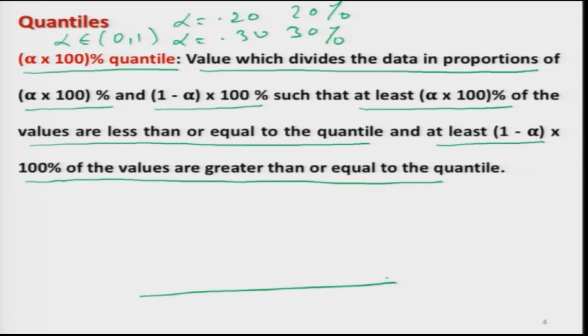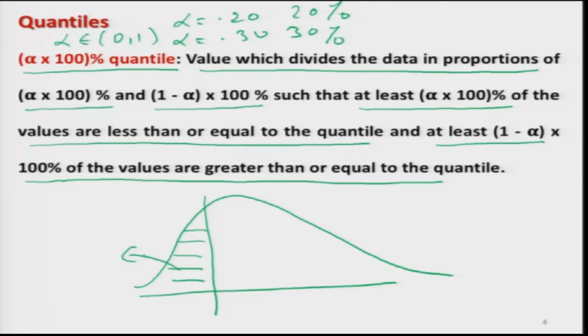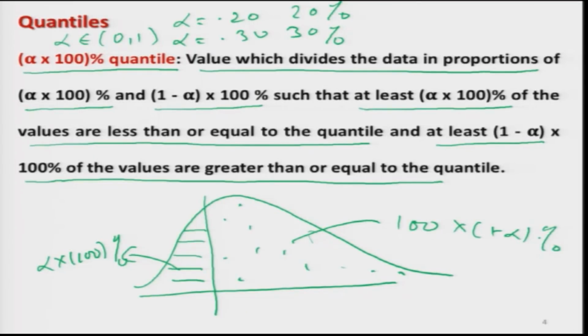So, in general, if I try to plot it here, for example, I can say that this region consists of alpha into 100% of area, and this region with the dots on the right hand side is 100 into 1 minus alpha percent area, and these are the values of the frequencies.